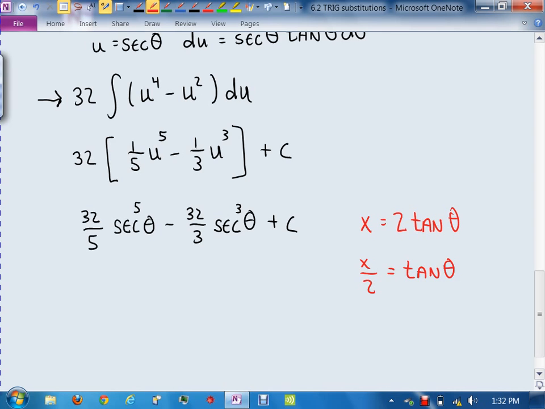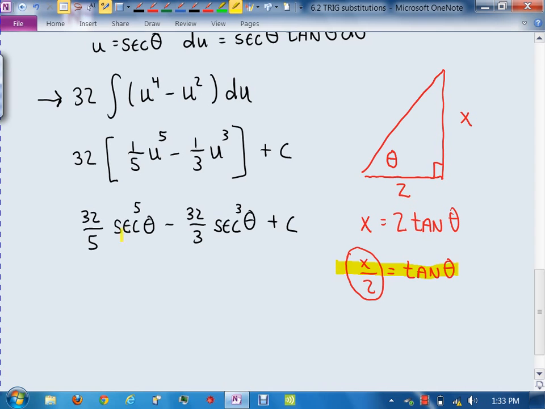Now I'm going to go back to pre-cal, and I'm going to draw what we call a reference triangle. If this is a right triangle, and if I call this angle theta, then tangent of that angle is the opposite over the adjacent, isn't it? And since the opposite over the adjacent must equal x over 2, I could call this side x and this side 2, couldn't I? So this triangle represents the relationship that we have in our problem.